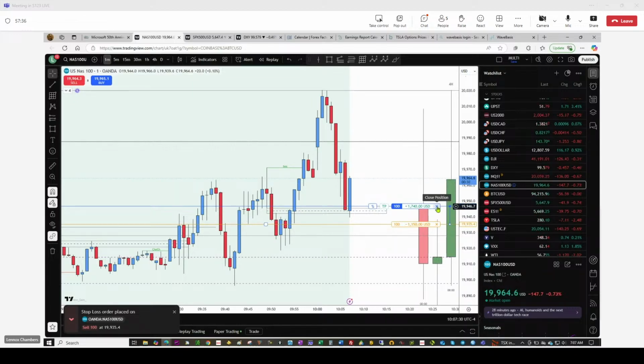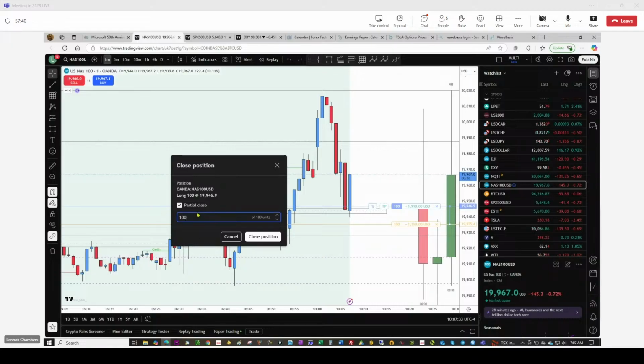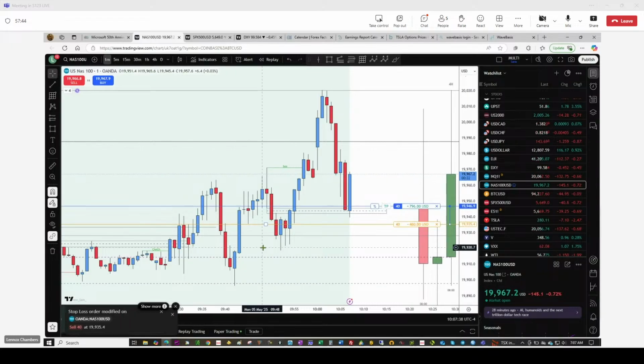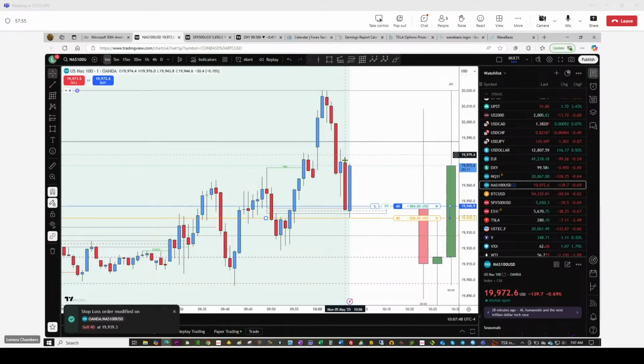We'll get a nice push up, so I'll take a quick profit off on that, and move my stop up. And not too tight, just in case they decide to come back down. But looking pretty good here that we could continue.